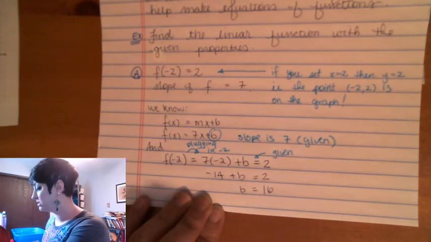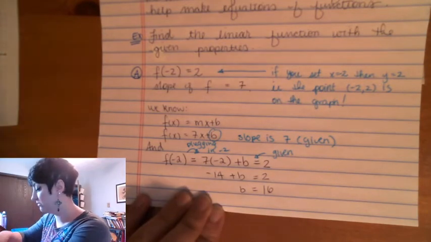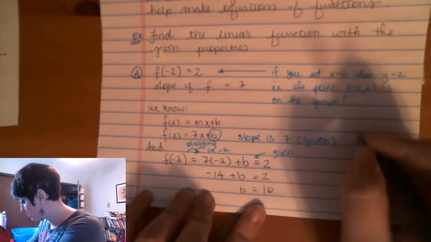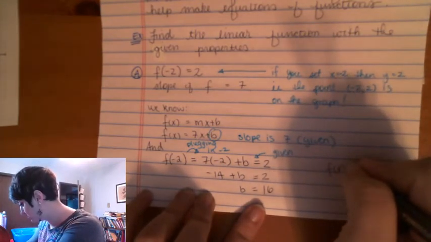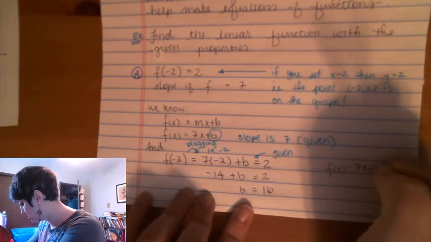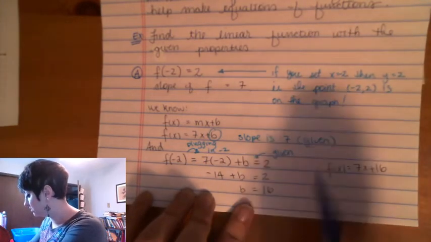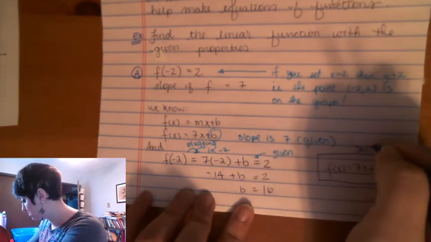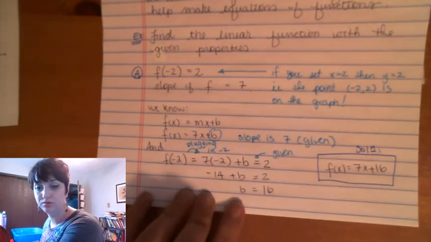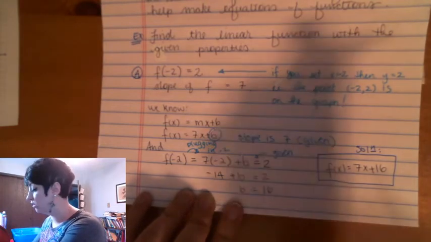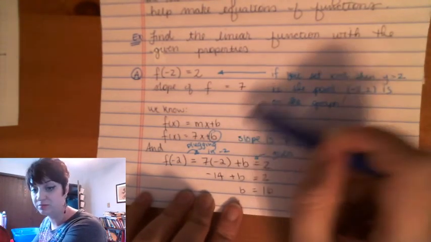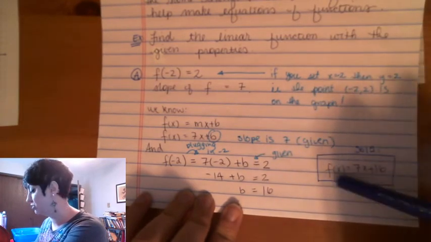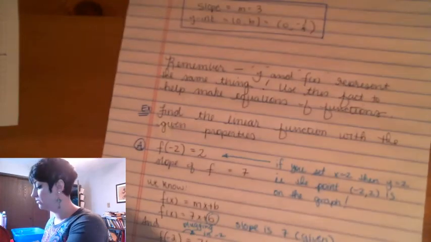So that means that f of x is 7x plus 16 as your solution. Now, if it helps you, you could always do this as y equals mx plus b. Here's your x, here's your y, solve for b. Just make sure you use f of x notation.